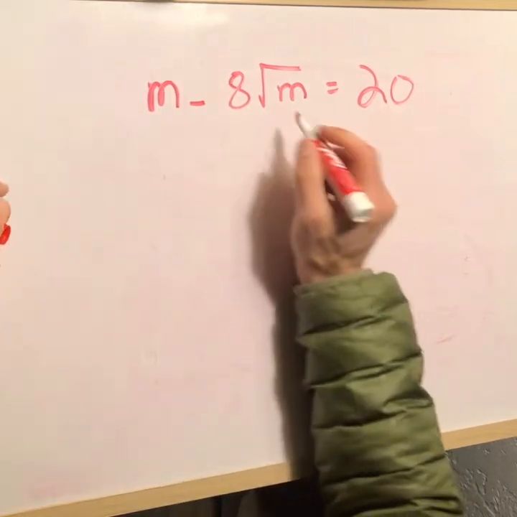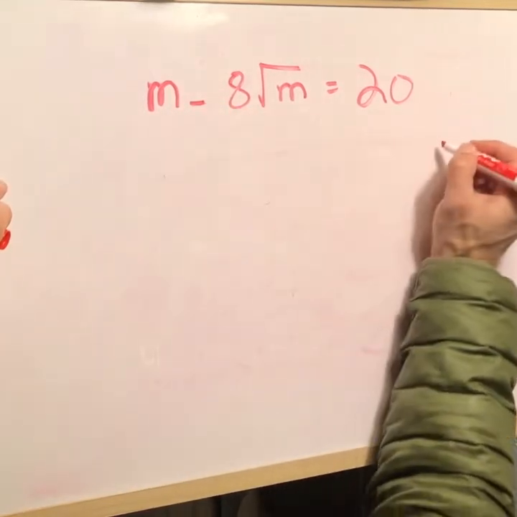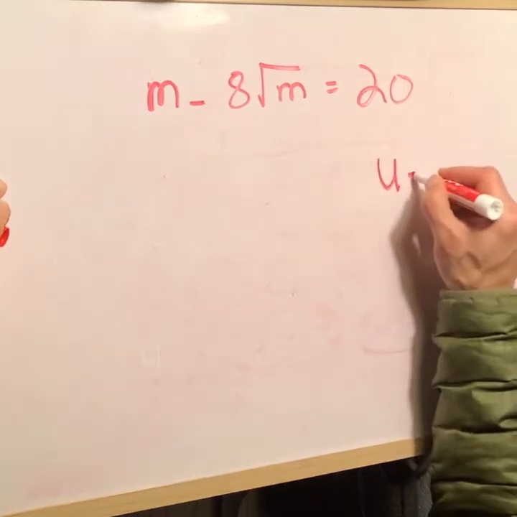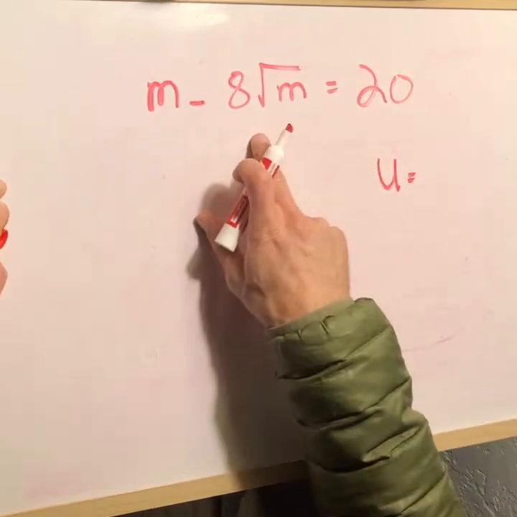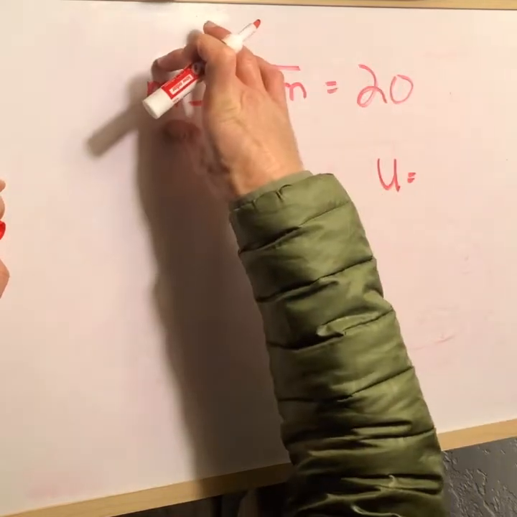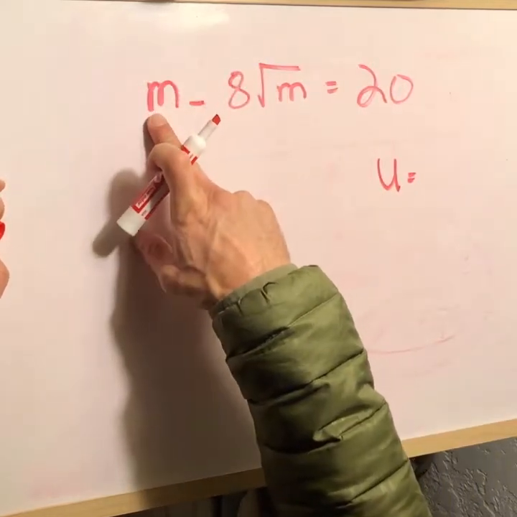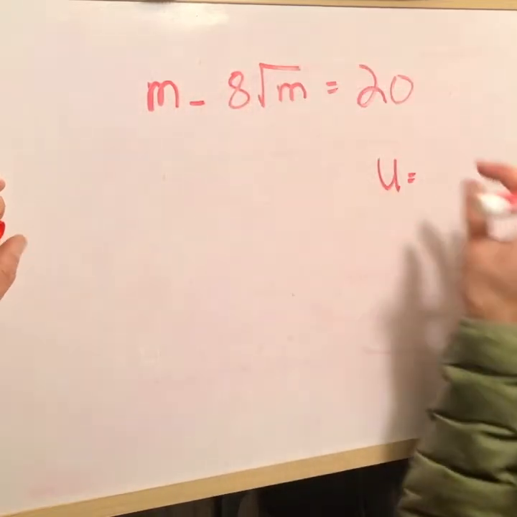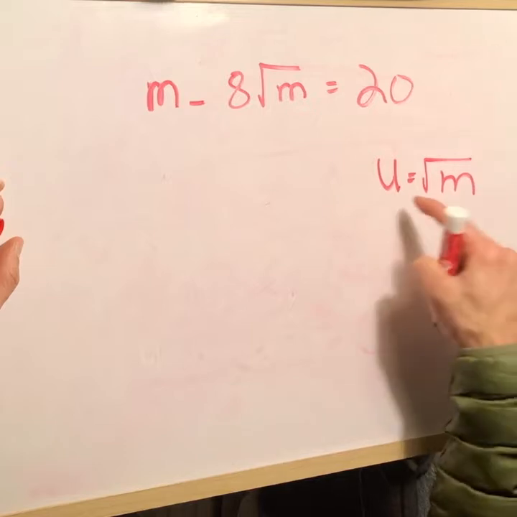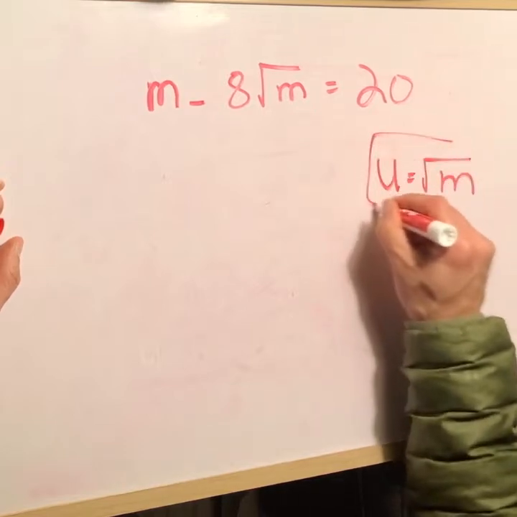So you have to figure out, what can I substitute for u? What is u going to equal? Think of it like this. What number squared gives me m, and then the number by itself gives me root m? If you look on the notes, I say we're going to use u as the square root of m.